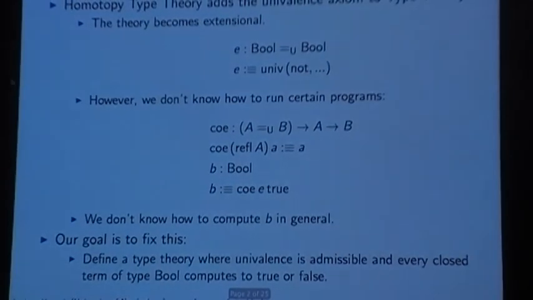When we move to objects like functions and universes and add these extensionality principles, it's not clear how we can extend this computational character of type theory to these extensionality principles. And that to me seems to be a very, very central problem. So that's the goal.